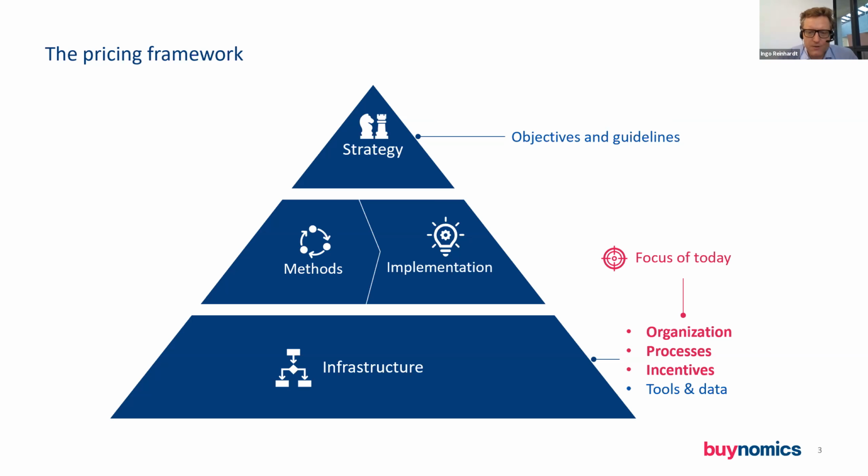Is it profit or revenue goals, for example? In the middle, you typically have the methods and tools to implement these strategies. Are you using value pricing or some other methods? How do you implement your pricing with your customers? And then at the bottom, essentially the infrastructure on which all of this runs.